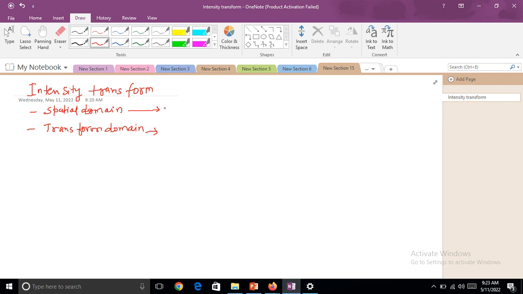So in intensity domain we shall discuss some of the techniques.